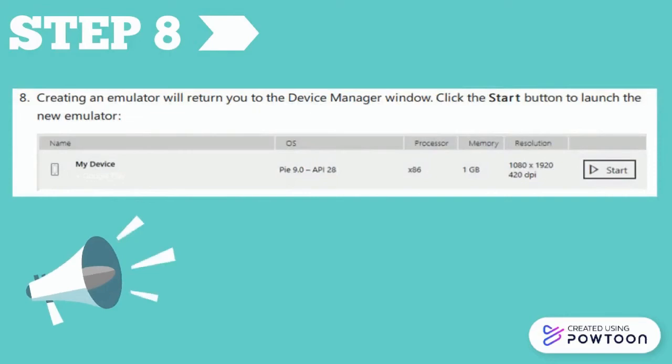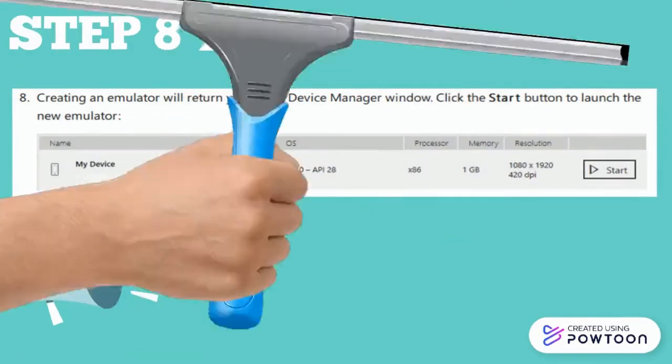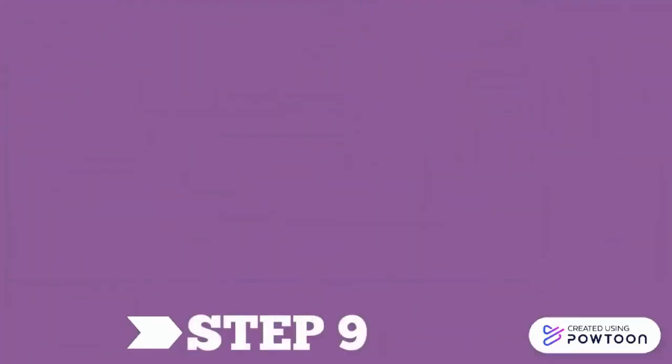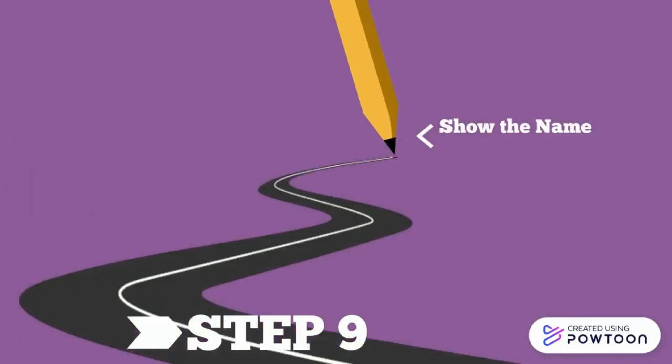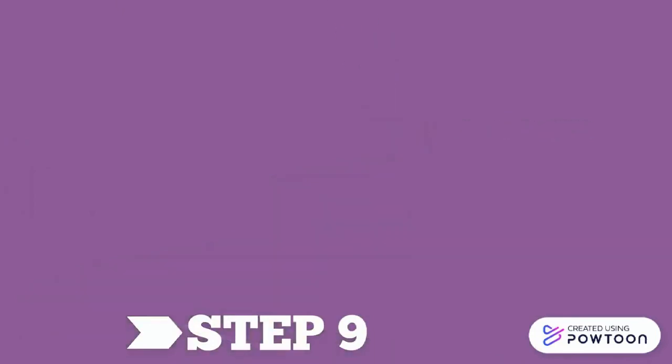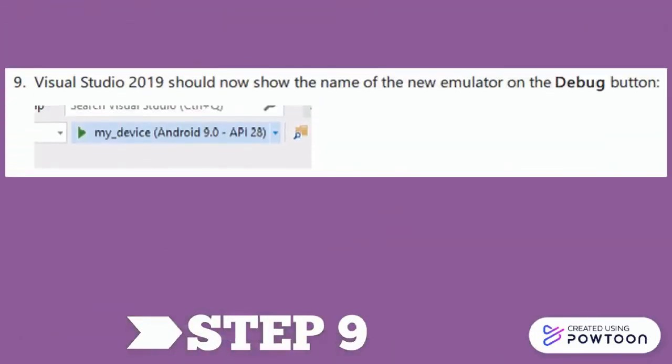Click the Start button to launch the new emulator. Step number 9. Visual Studio 2019 should now show the name of the new emulator on the debug button.